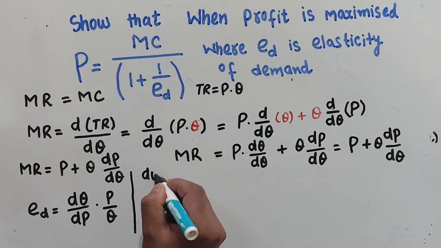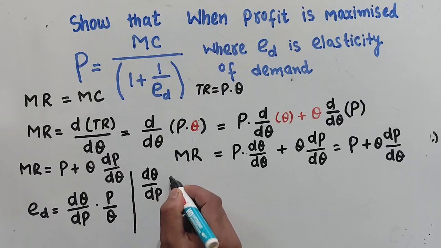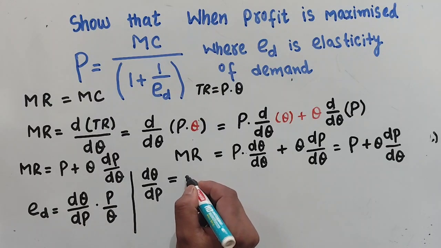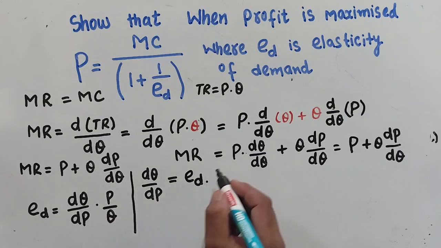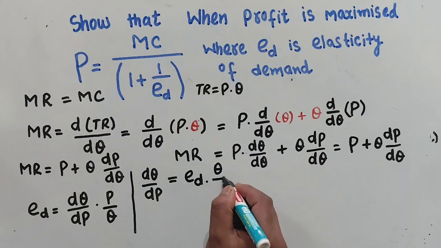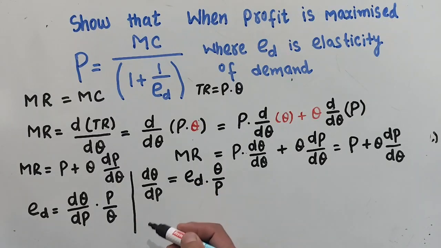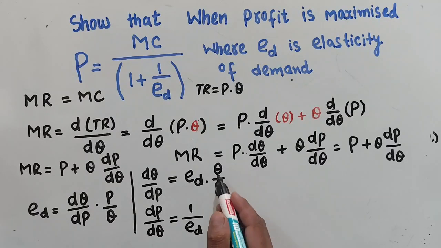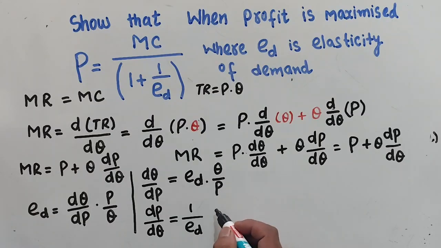So dq upon dp will be equal to elasticity of demand times Q upon P. Now reciprocate both sides. So we get dp upon dq will be equal to 1 divided by ed times P upon Q.